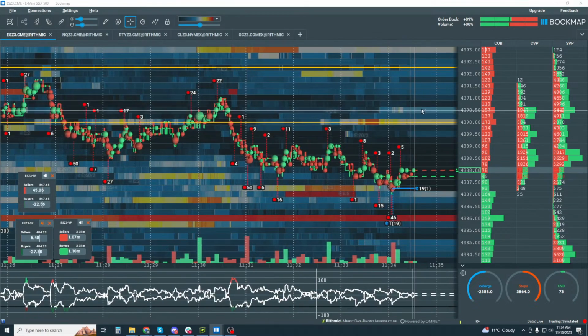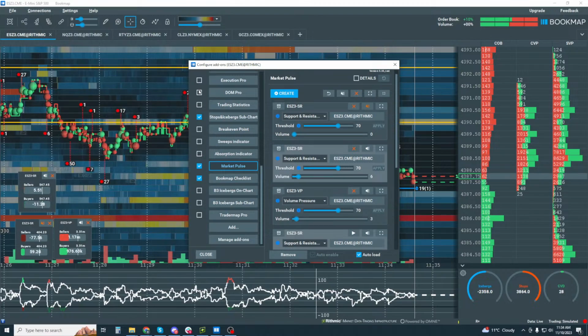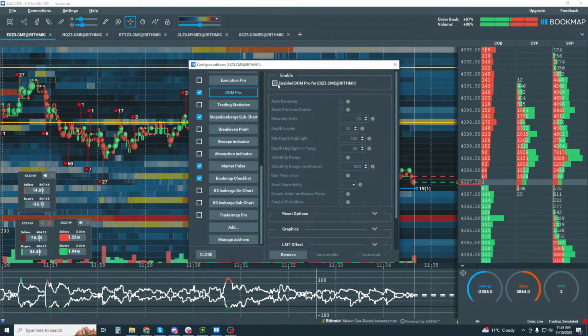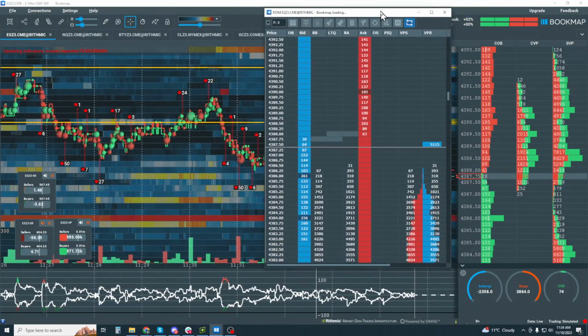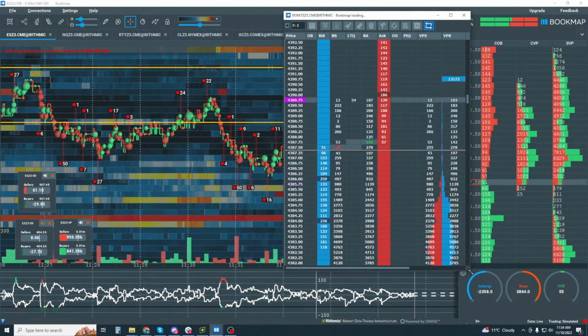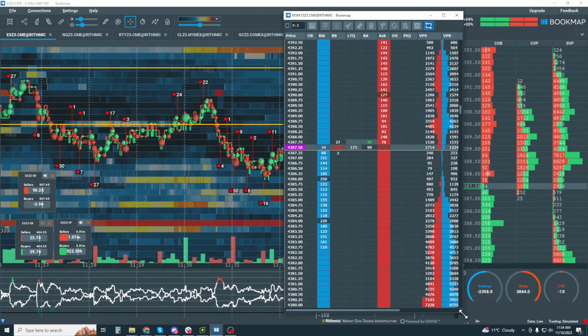Let me just go through an example. I'll bring up our Dome Pro. Here's our Dome Pro tool. This is part of Bookmap Global Plus. It's a very professional level DOM, and a very high performance DOM as well.